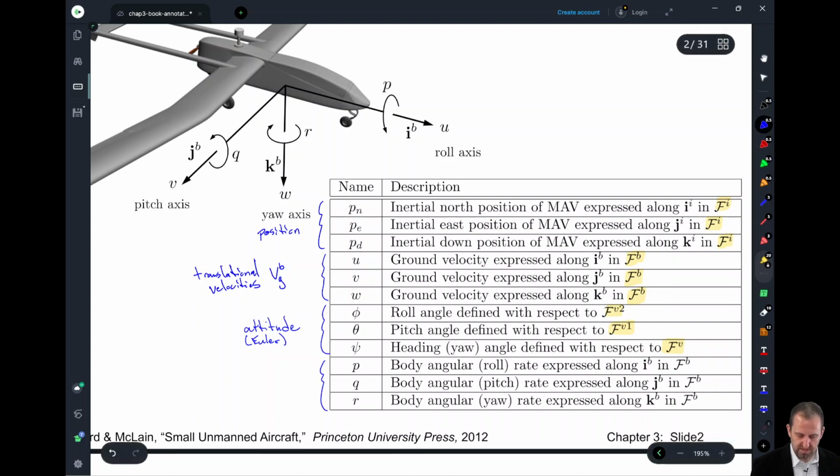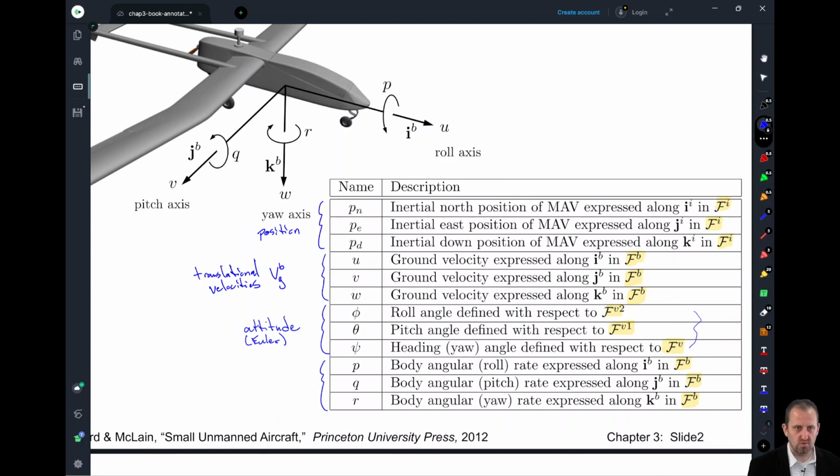We have to be careful because these are all defined in the body frame, right? Whereas our attitude was defined in three different frames. So we have to relate those frames to our body frame to talk about time derivatives. So P isn't directly just the time derivative. Well, P is. R isn't directly just the time derivative of our heading.